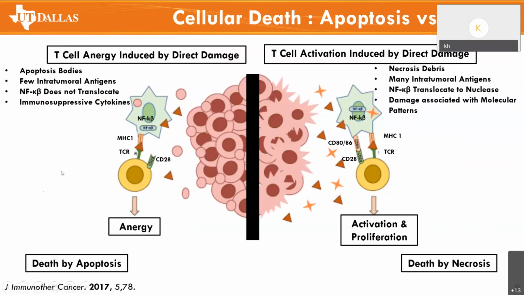On the other hand, cells that die by apoptosis also release antigens that can be picked up by dendritic cells, but they do not typically release DAMPs. Without phagocytosing DAMPs, the NF-kappa B pathway is not activated, and expression of CD80 and CD86 is not induced.